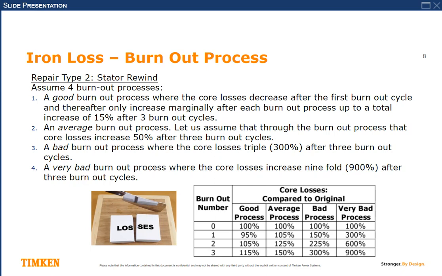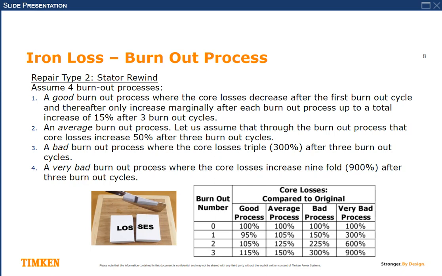The first we will call a good burnout process, where the core losses will only increase after 3 burnout cycles by 15%. This is not an unreasonable result. We've seen this. You will see at the bottom, there's a table where after the first burnout, the core losses actually decreased by 5%. This we've seen on a fairly regular basis.